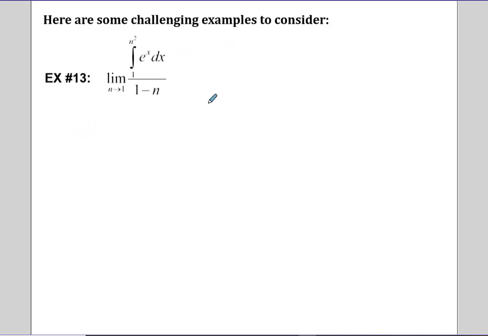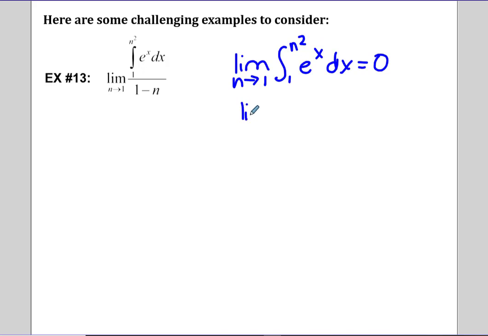Okay, example 13 is another challenging one. And we can show that the limit of the numerator at 1 is 0, and the limit at 1 in the denominator is also 0. This leads us to case 1.